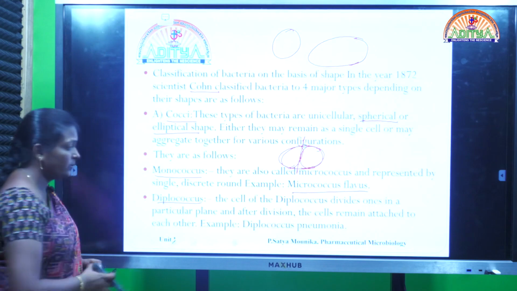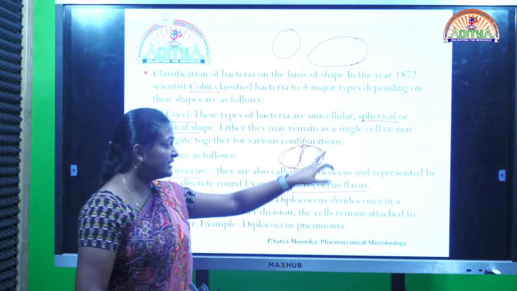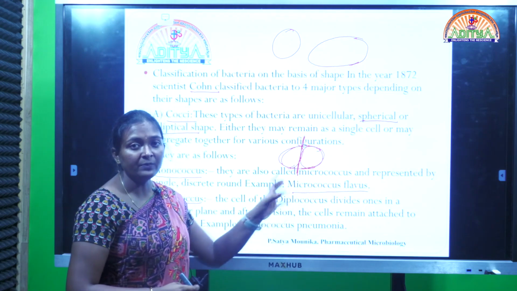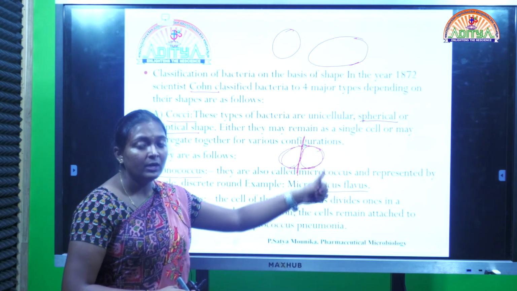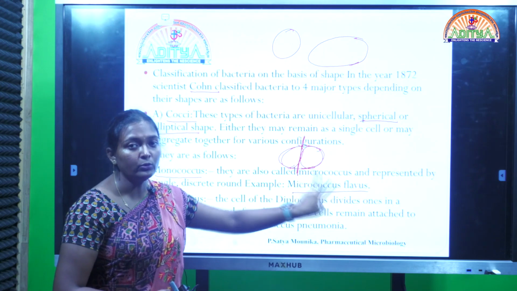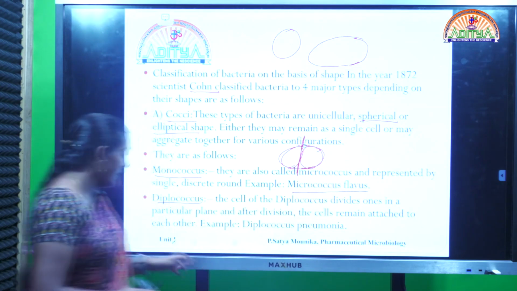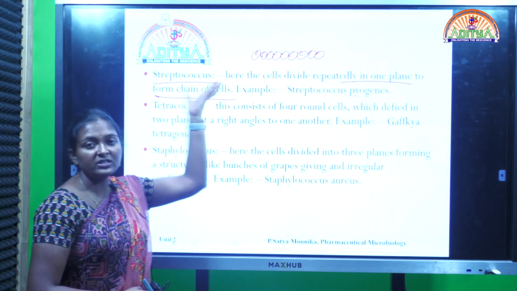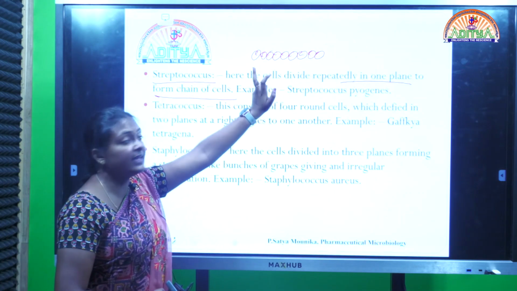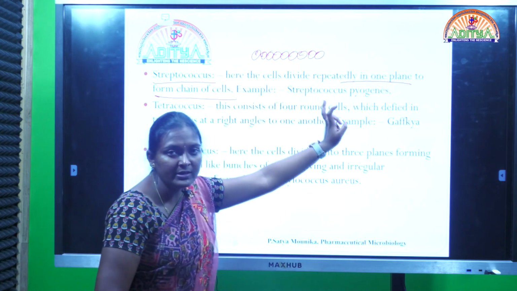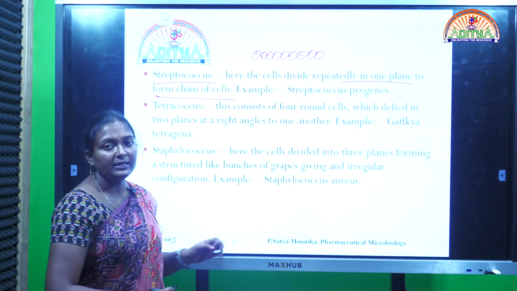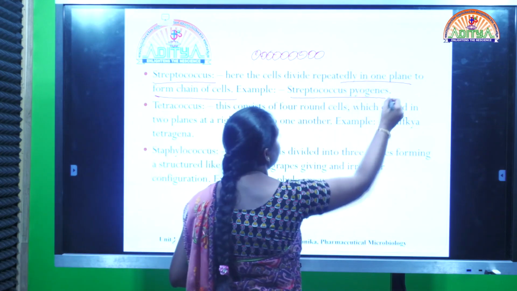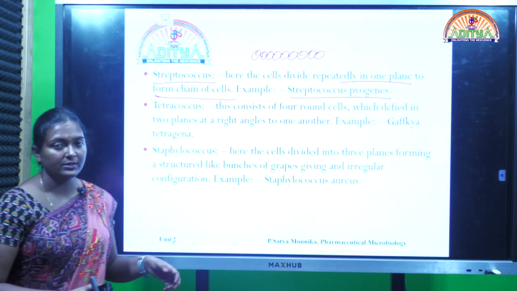In the previous one, a single cell divided into two cells that remained attached to one another, which is called Diplococcus. When it comes to Streptococcus, the single cell is divided continuously to form a chain of cells, and the example for Streptococcus bacteria is Streptococcus pyogenes.